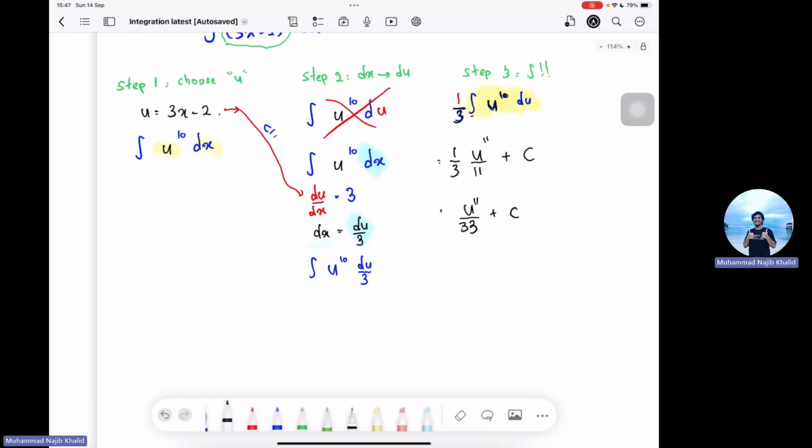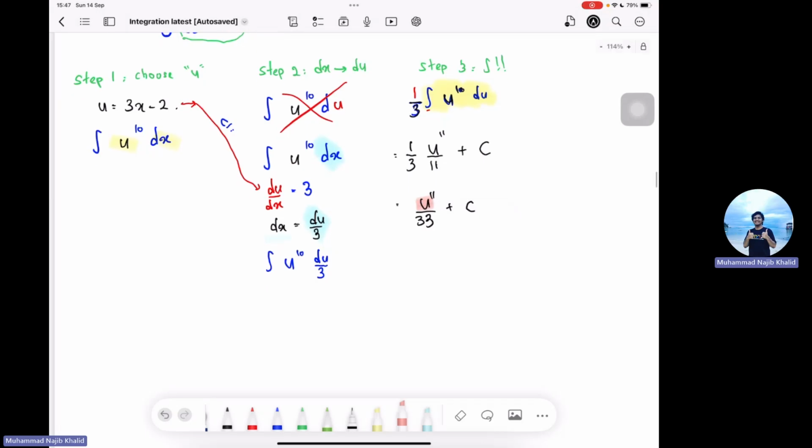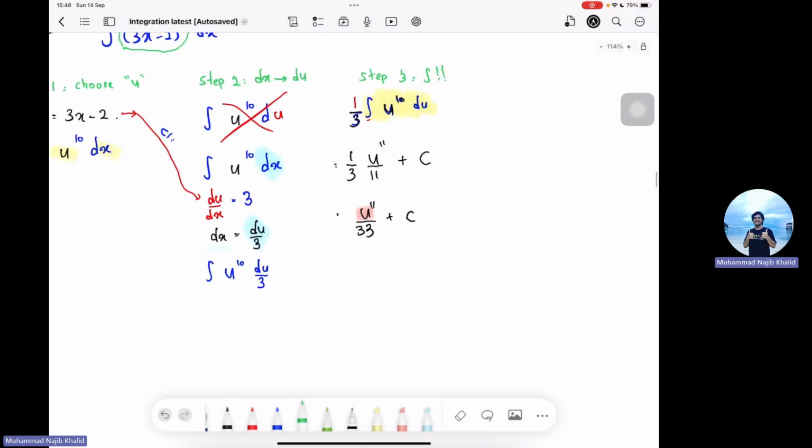And the last step, I believe you can guess, is we need to put back what we replaced for u. Step 4, my bad. Step 4 is you have to replace back u.